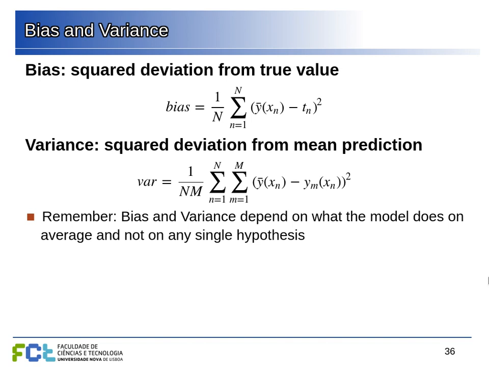So remember that bias and variance are statistical properties of the model, because they are what happens on average when we train the model over different training sets, and then we evaluate its predictions.